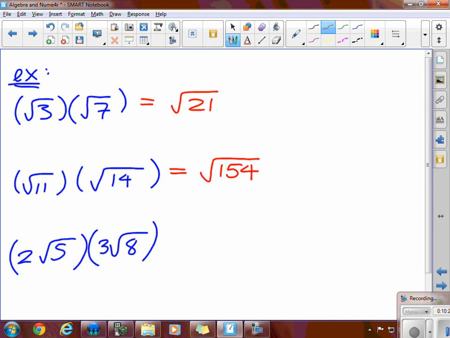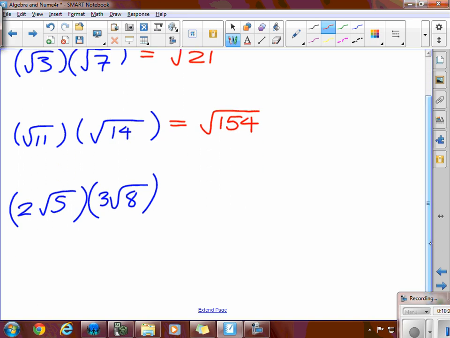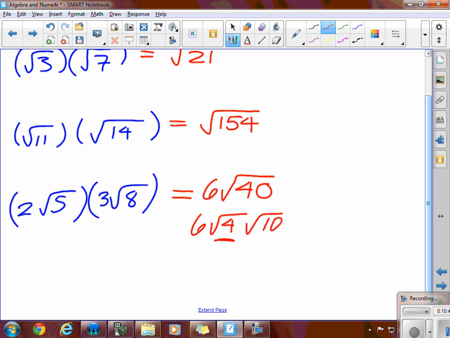Did it work? Nope, that is our smallest root in that case. So this guy, what would this turn out to be? 6 root 40 to start. And then I'm getting a 12 root 10, because that's like root of 4 times the root of 10, which equals 2. So 2 times 6, 12 root 10. Great, who got them all?